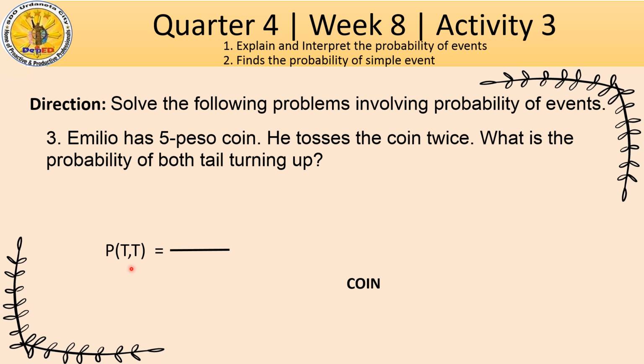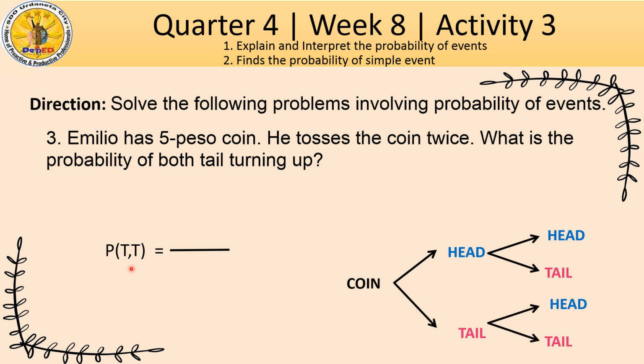If we're going to toss a coin for the first try, the possible outcome can be head or tail. And if we're going to toss the coin again for the second try, the possible outcome is head or tail, and again, head or tail.